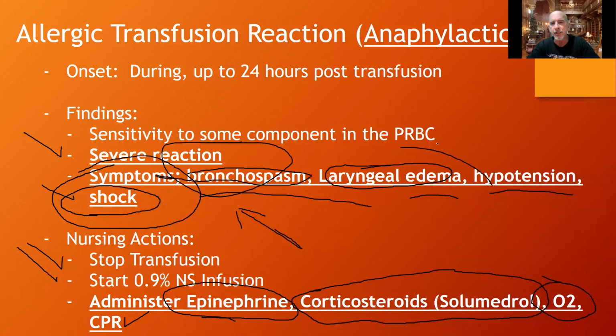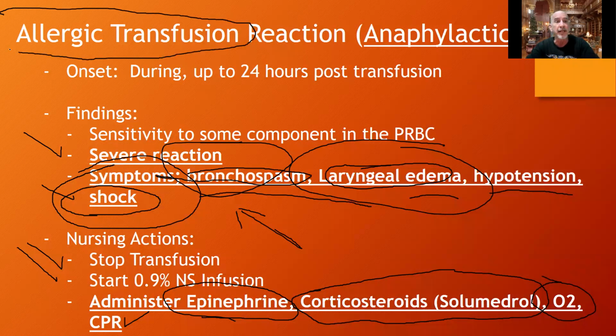There again, I like to test you on stuff that I feel is extremely important. So if you have a patient who's having a blood transfusion and suddenly they can't breathe, or their blood pressure drops to 60/20, first thing I would think of would be allergic transfusion reaction. And what's the first thing you would do? You would run for the EpiPen or epinephrine.